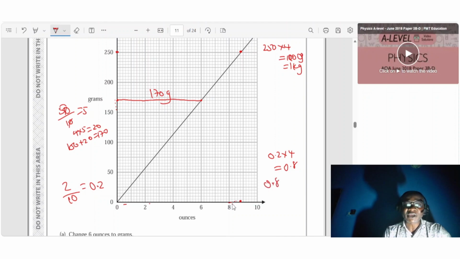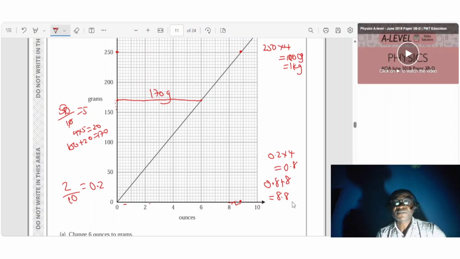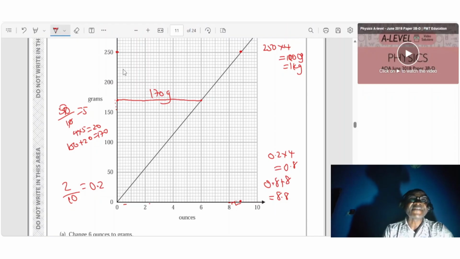This small space here is 0.8. You now add it to 8 ounces. That will give you a total of 8.8. Are you listening to me? Yes, sir. So 250 grams is equal to 8.8 ounces. Are you getting me? Yes, sir. Therefore 1,000 will now be 8.8.